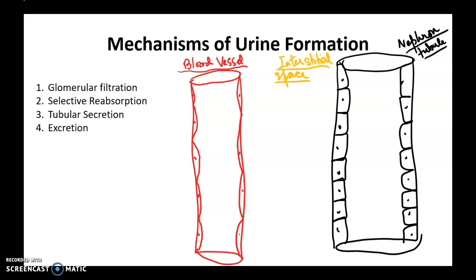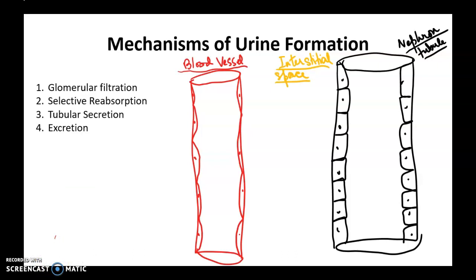So things will move from the blood vessel into the interstitial space into the nephron tubule, or the other way, from the nephron tubule into the interstitial space into the blood vessel. Got it? Okay. So I'll start glomerular filtration in color, let's say yellow.